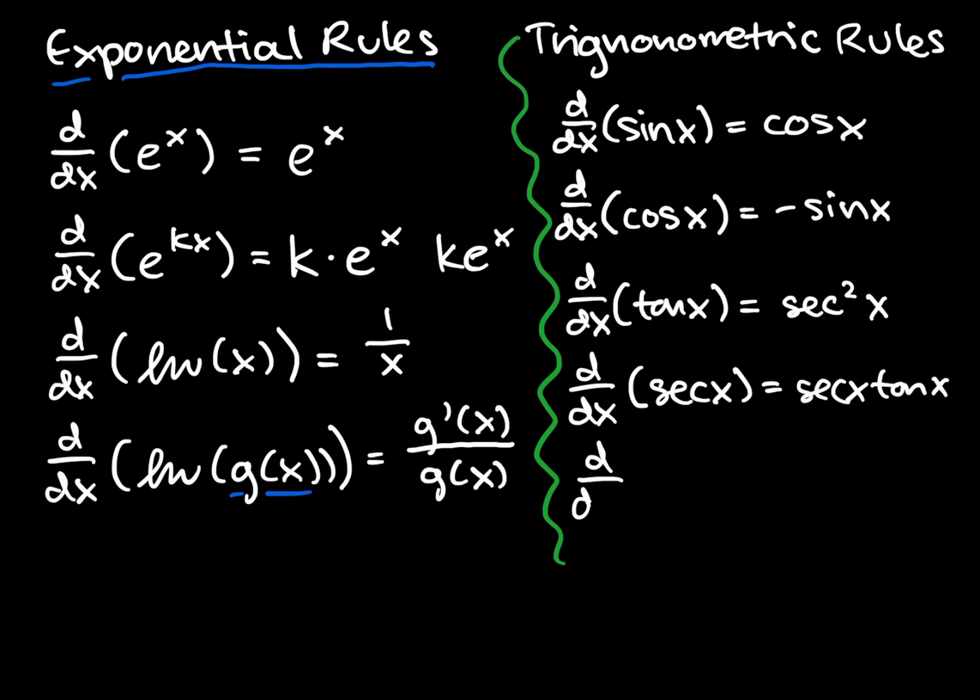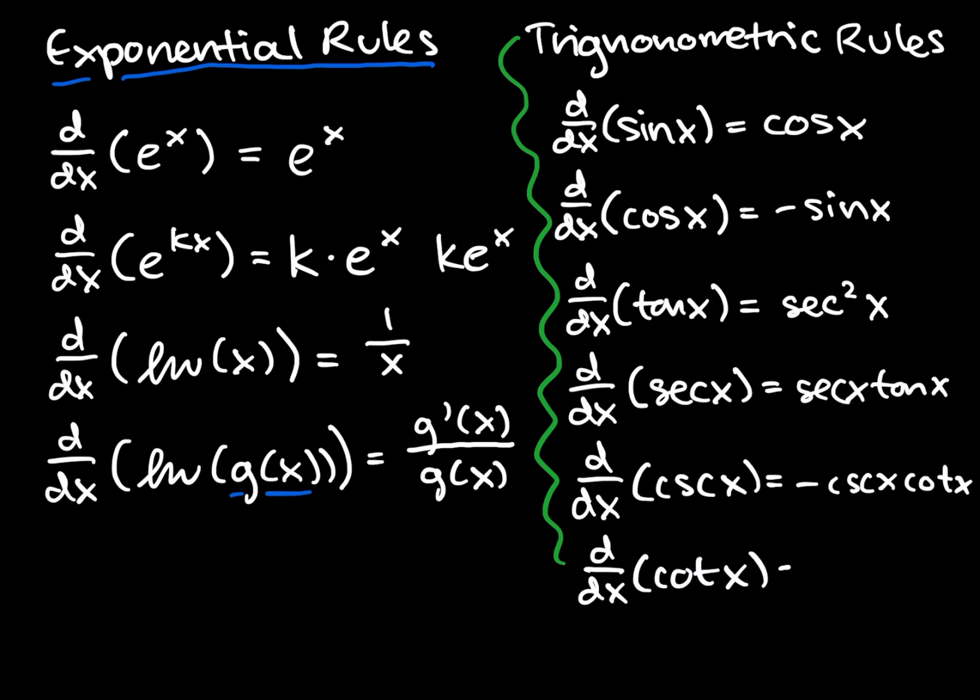Next, the derivative of cosecant x is equal to negative cosecant x times cotangent x. And finally, the derivative of cotangent x is equal to negative cosecant squared x.